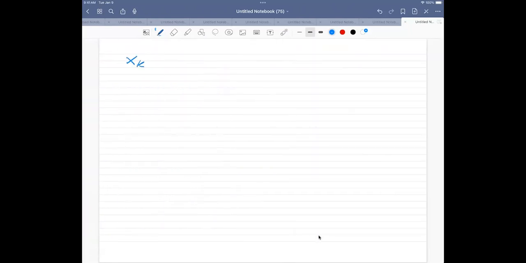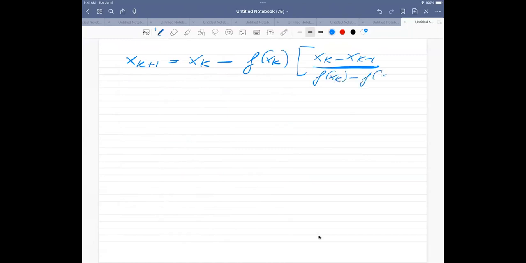So we get x of k plus 1 is given by x of k minus the function itself, and this is then multiplied with x of k minus x of k minus 1 divided by f of x of k minus f of x of k minus 1. So this is one way to perform these calculations.